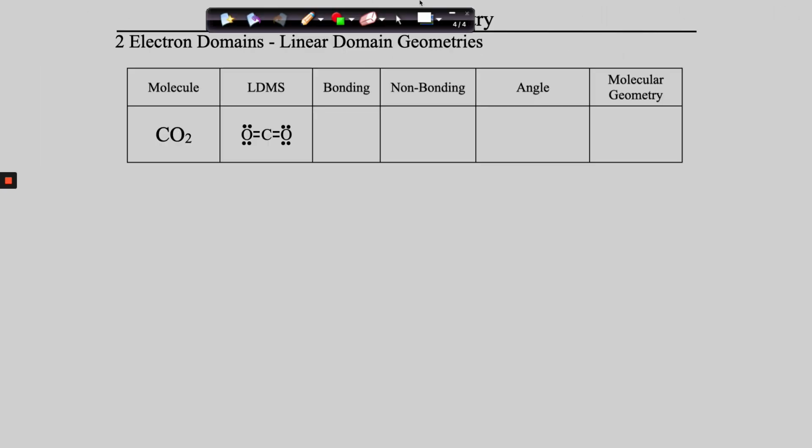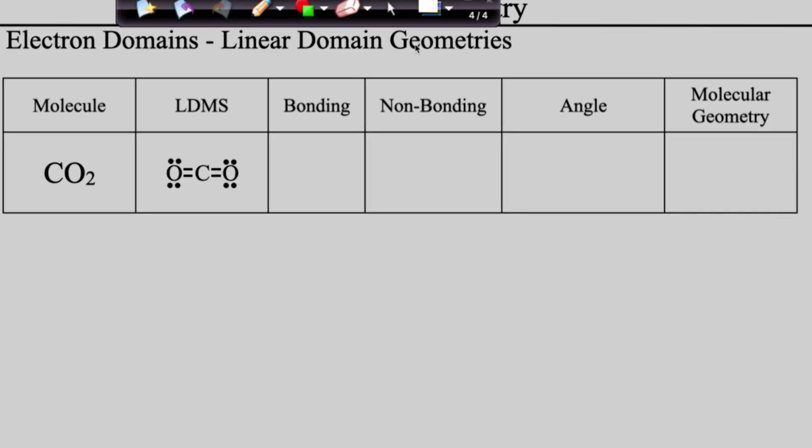Looking at carbon dioxide, how many bonding domains are on the carbon? Well, there's two. We've got a double bond in one direction, we've got a double bond in the other direction. So guys, we have two bonding domains. How many of these domains are not bonding? None of them. Yeah, we've got non-bonded domains on the oxygens, but we're only looking at the central carbon.